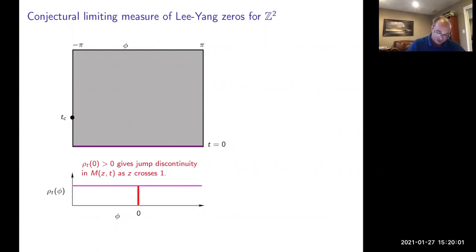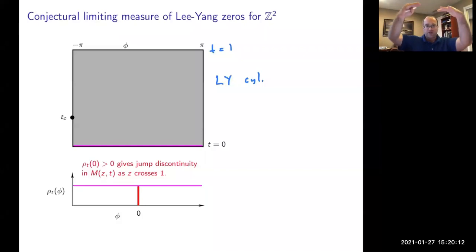So this is supposed to be the Lee-Yang cylinder. Temperature is vertical, between 0 and 1. This is T equals 1. I'm just going to show you what height you're at in the top. Here, when T is 0, it's easy to check that the Lee-Yang zeros are the nth roots of -1, so they're distributed according to Lebesgue measure.